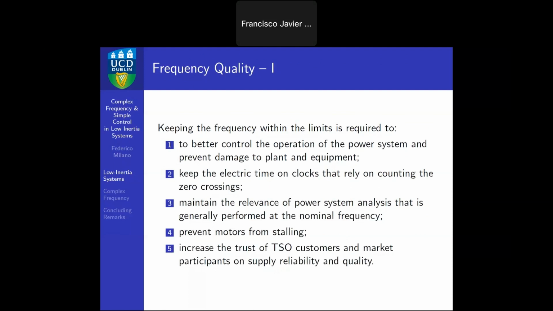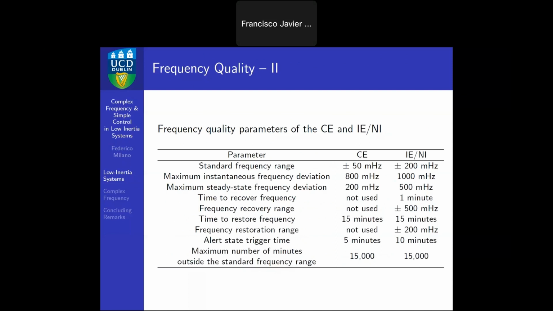They have measured this loss of quality over the years, and these are the limits. As you see, they are different from the European community, like ENTSO-E, and typically bigger, because it's an island, and it's a small island.